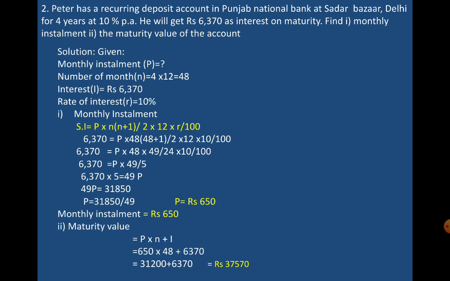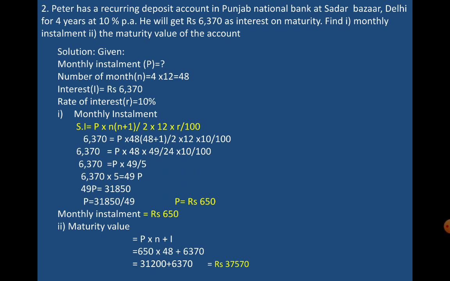So 49P by 5 equals 6,370. Cross multiplying, 6,370 into 5 equals 49P. Multiplying 6,370 into 5, we get 31,850.